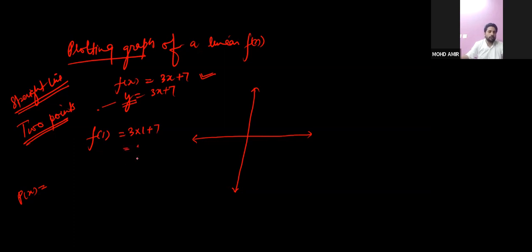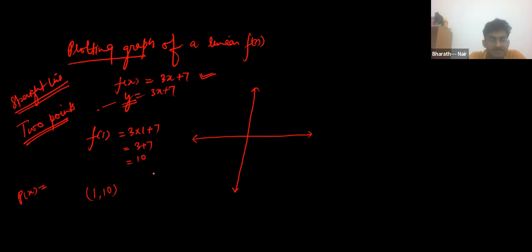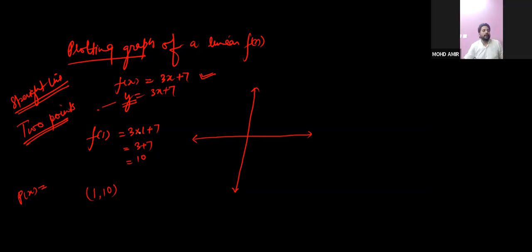10. So we have got a point. At x = 1 the function gives us 10, so that point is (1, 10), that is a pair. Now we have to find another point, and we can put any values: x = 0, 10, 20, minus 5, 3, or even a fraction.